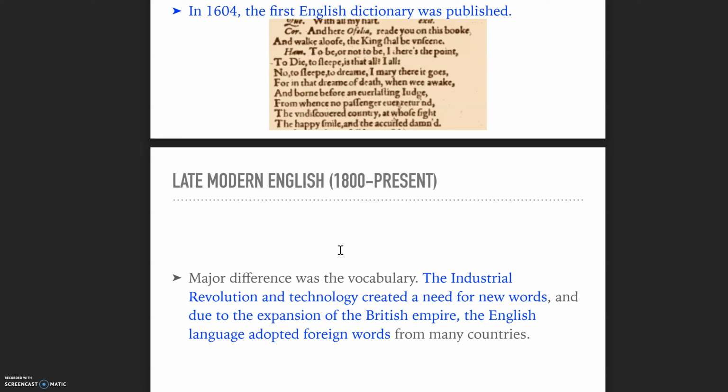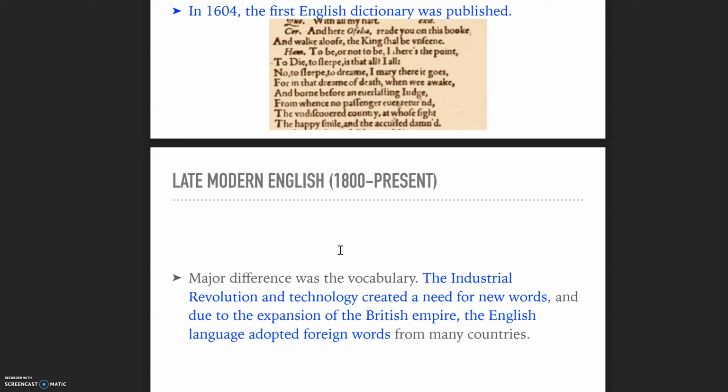Technology was advancing during the early part of that time period and still is today. These two things, the Industrial Revolution and technology, created a need for new words, because they had to have words to call these machines and this technology and these things that were happening, this expansion. So that helped progress late modern English with that vocabulary.